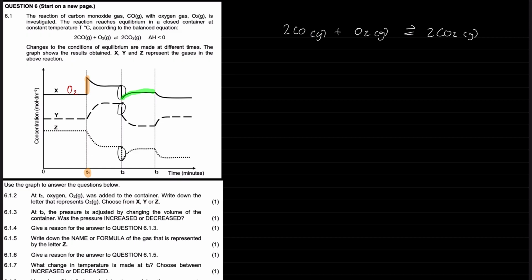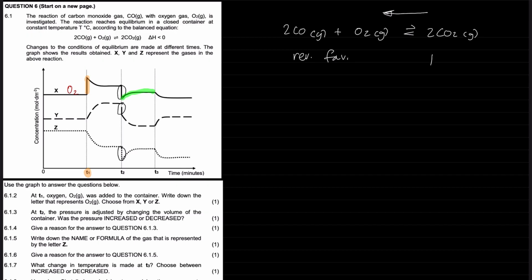Since the oxygen curve is increasing, it means that the side that oxygen is on was favored. In other words, the reverse reaction is favored. Now we need to work backward. So why would the reverse reaction be favored? Or what does the reverse reaction represent?